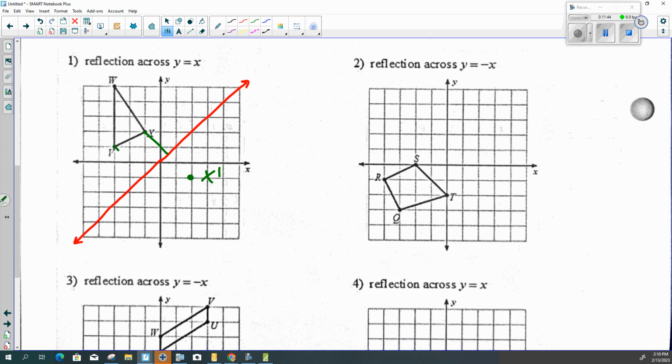So v, it looks like it's 1, 2 away. So I will go 1, 2 away on the other side. W, 1, 2, 3, 4. So I'll go 1, 2, 3, 4.